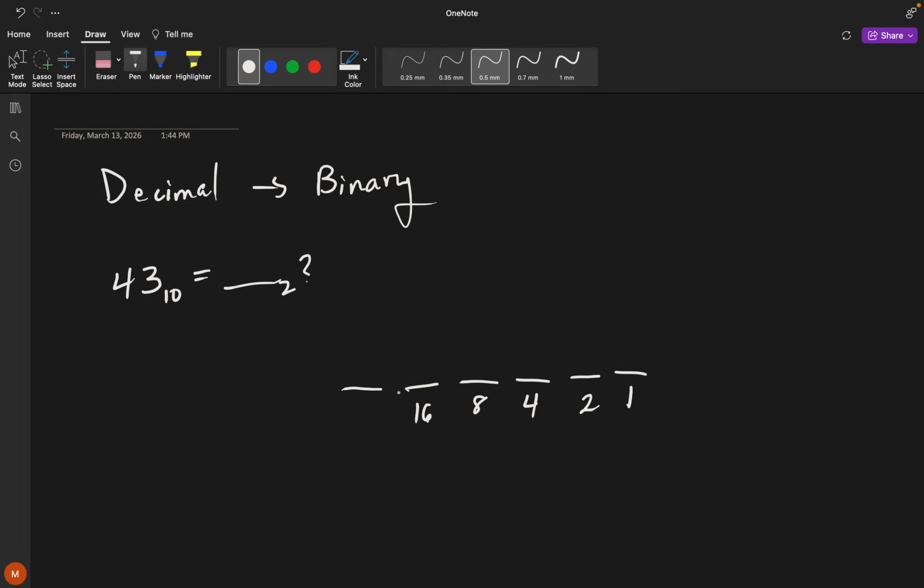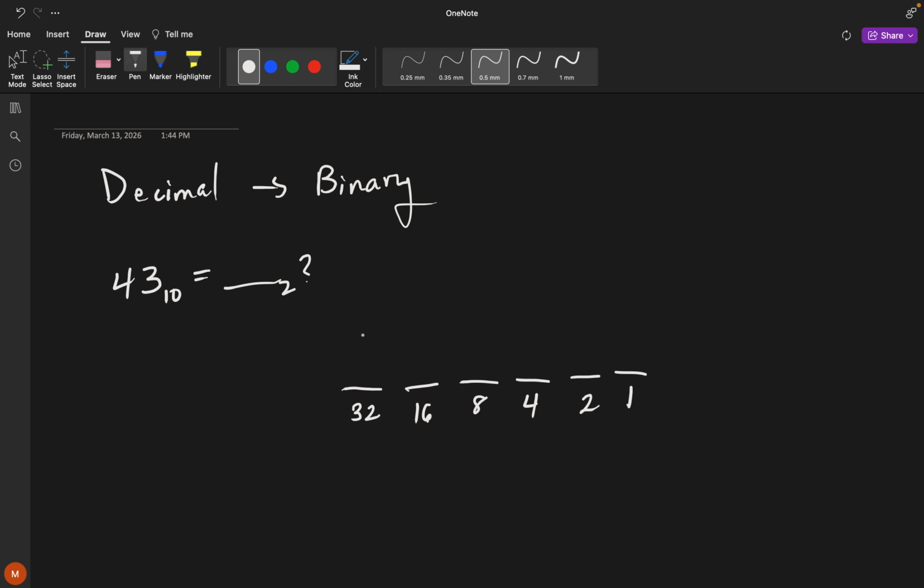So 16, and the next one is 32, and this next one would be 64, and that's bigger than I need to make 43. So I'm going to stop right there. No big deal if you went one or two too far. They would just start with zeros, and at the end you could cut them off. So I've got my place values written out. I'm going to convert 43 into these place values.